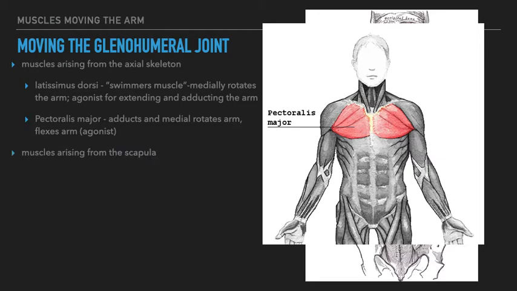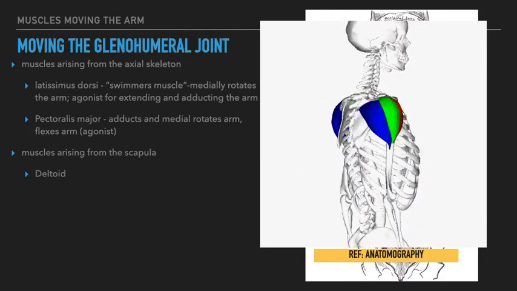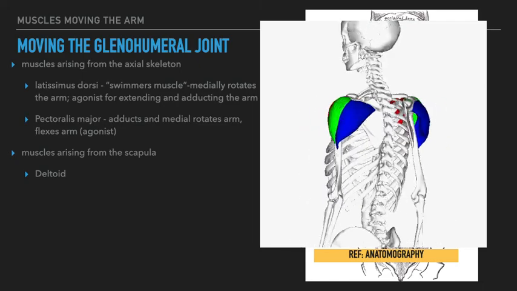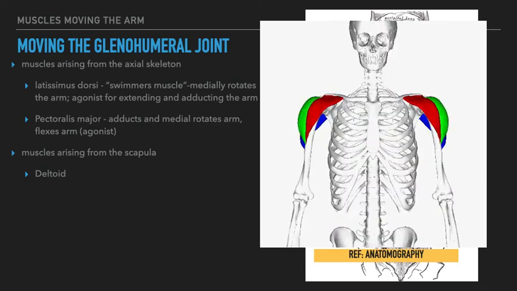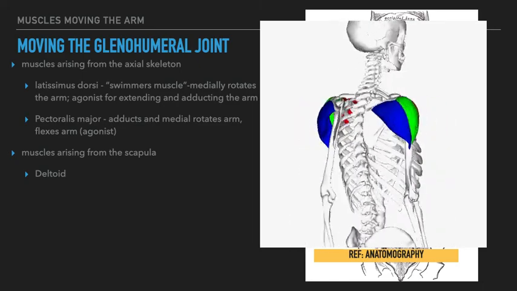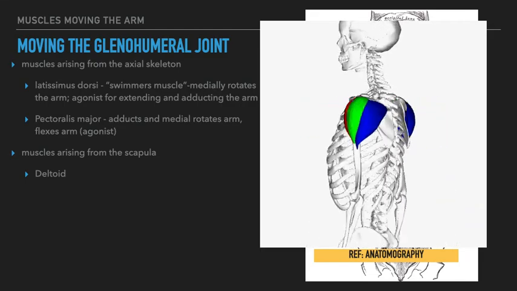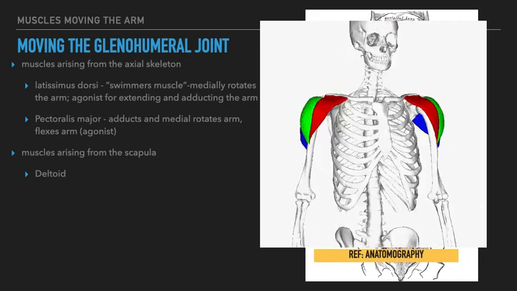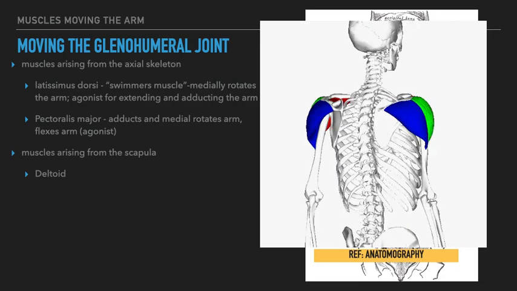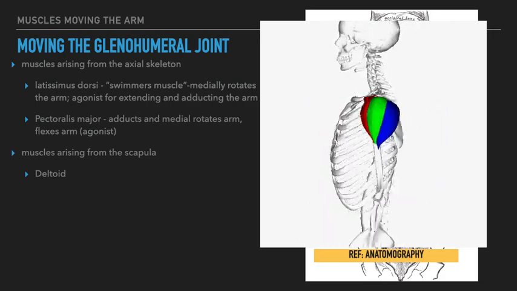There are also muscles that arise specifically from the scapula, and we're going to start with the deltoid muscle here. The deltoid is delta because it's triangular, and there are 3 sets of fibers on the deltoid muscle that when they contract, cause slightly different actions on the arm.